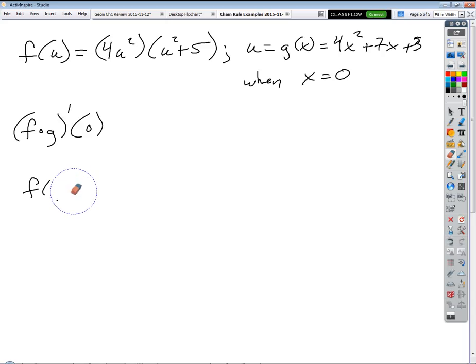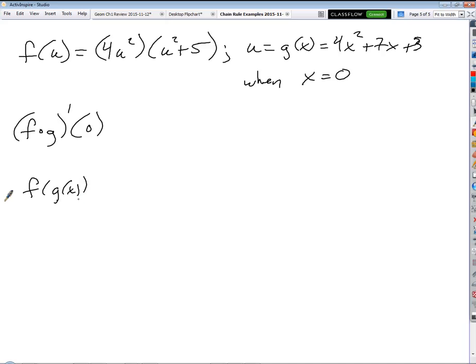I could call that y. y equals f of g of x, and I'm trying to find y prime. So by the chain rule, isn't y prime just f prime of, what is that in the middle? That's just a u, right? So that's f prime of u times u prime, du dx.